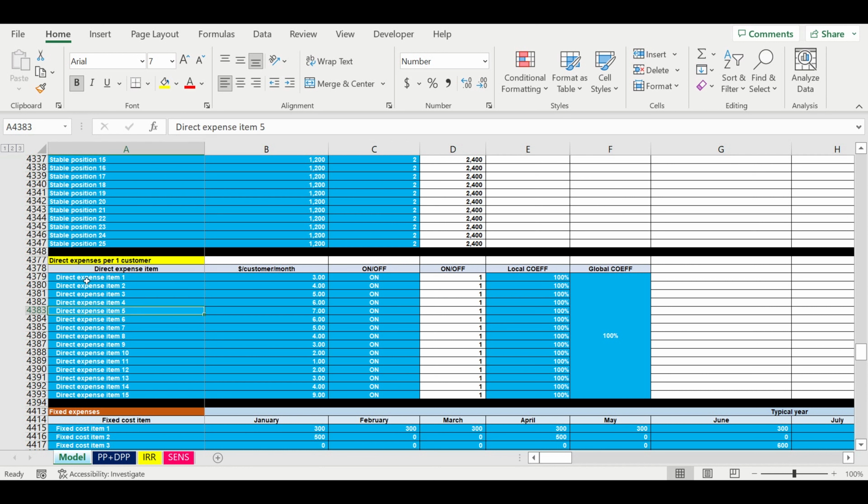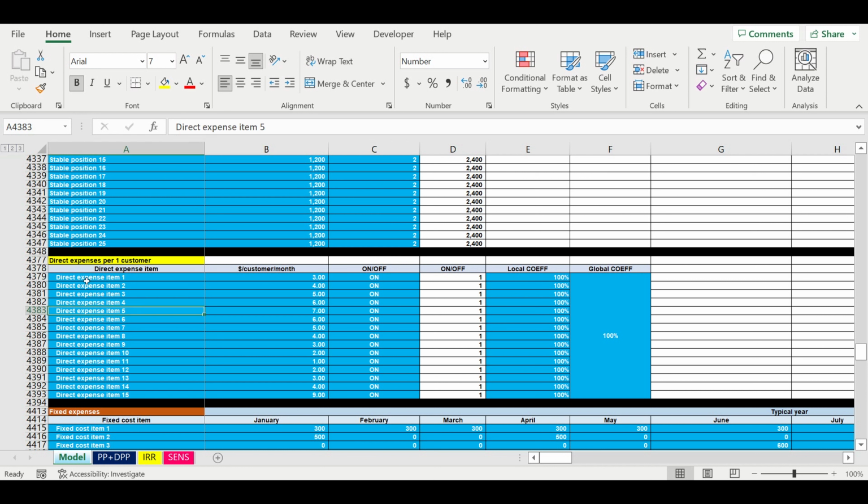Another group of direct expenses, so there are multiple groups of direct expenses. The other group of direct expenses are linked not to the amount of chairs that we sell, but to the amount of customers that you have at any given moment.